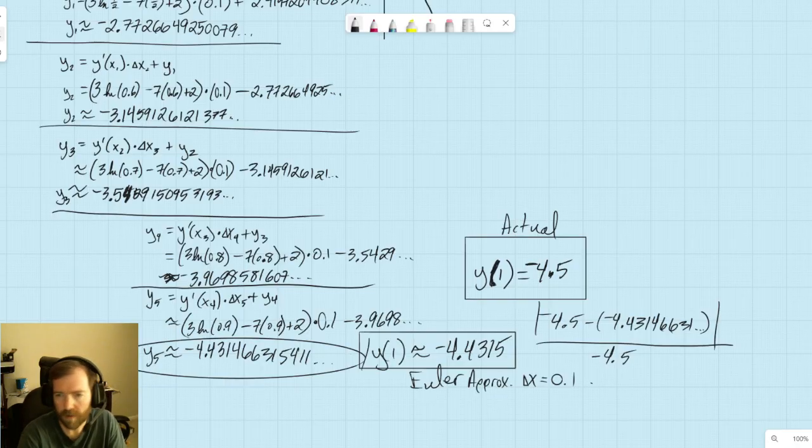We get a value of 1.523%. So, not bad. And again, something simple like this, it would work out pretty well.